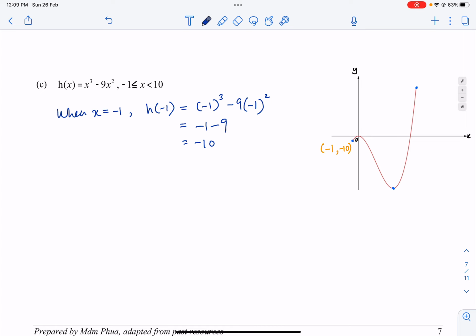And then when x equals 10, h of 10 is equal to 100.